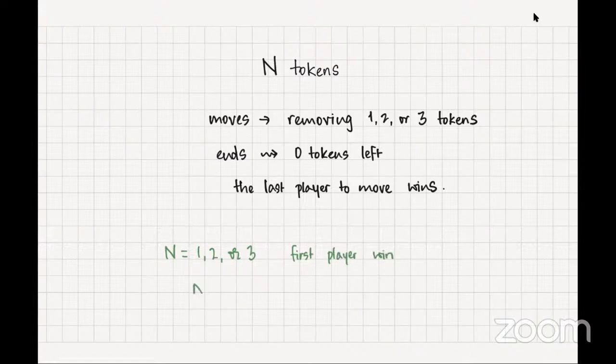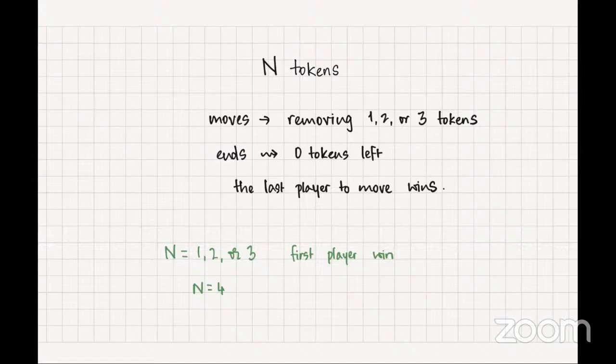What about if n equals 4? Does somebody want to suggest maybe in the chat who wins if there are 4 tokens on the table? Well, whoever is playing with 4 tokens to begin with, what are the moves that they have? They can remove 1, 2, or 3 tokens.